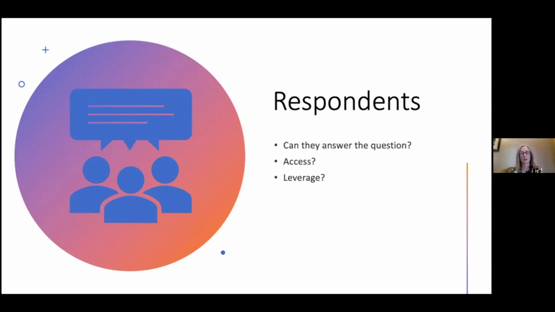They're a whole lot more likely to answer if the residents are the ones that are asking them to do it. And so when we do a survey of the residents, it comes from the resident council rather than from me. The ACGME one has to come from me, but any other survey comes from the resident council.